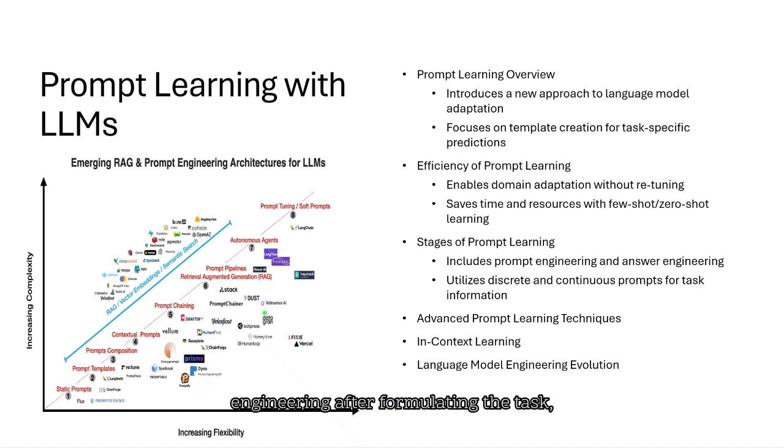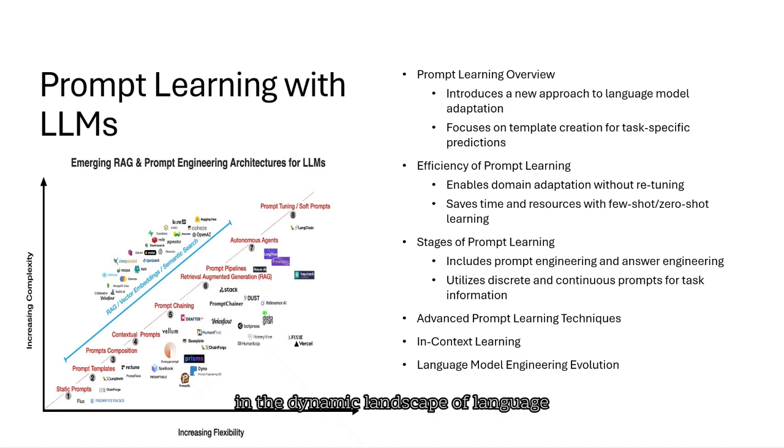In answer engineering, after formulating the task, the generated answer must be mapped to the correct answer. Besides single prompts, multi-prompt methods combine multiple prompts for better predictions and prompt augmentation. Moreover, in-context learning, a subset of prompt learning, has gained popularity, and it enhances model performance by incorporating a pre-trained language model and supplying input-label pairs and task-specific instructions to improve the alignment with the task.